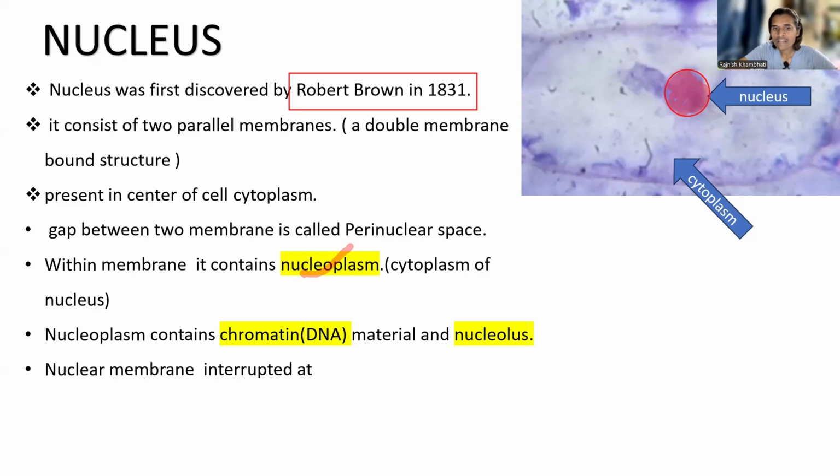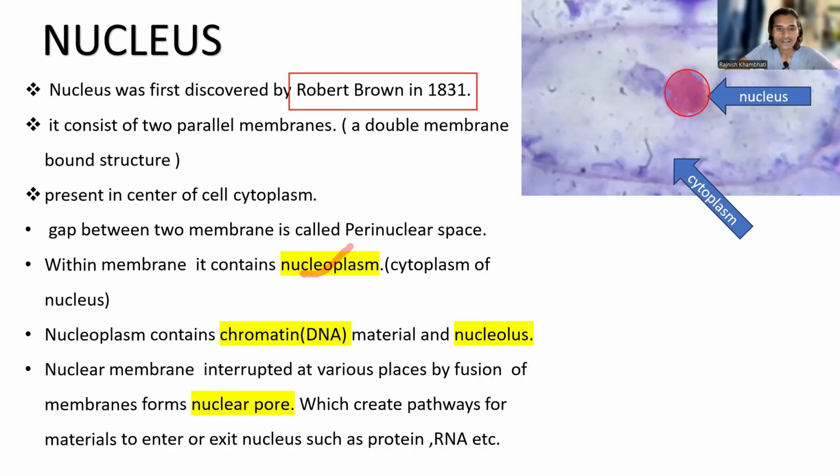The nuclear membrane is interrupted at various places, which are known as nuclear pores. It happens because of the fusion of the two membranes. I will show you. This creates a pathway from where something can enter from the cytoplasm into the nucleus, and from the nucleus into the cytoplasm.